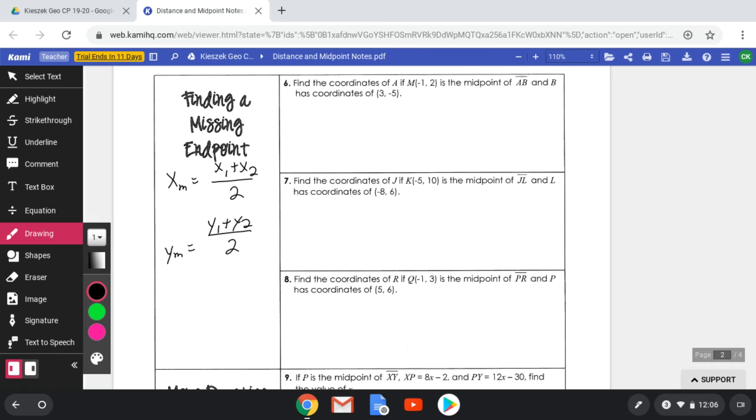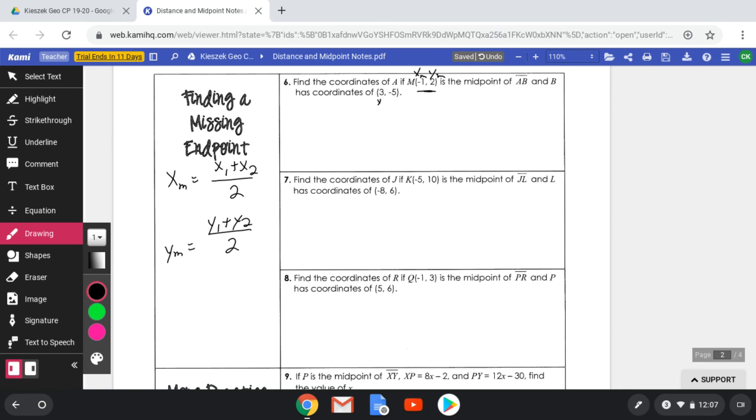In this case, instead of adding the 2 points together and dividing by 2, you want to plug into your equation correctly. I'm given the midpoint, -1, 2. So this is my xm, ym, and my endpoint is my x1, y1. I'm really doing 2 separate problems to find my endpoint.